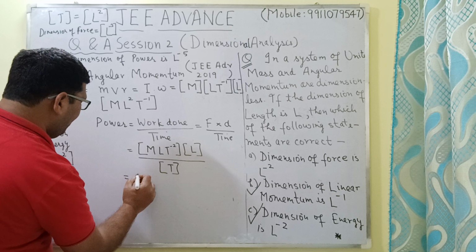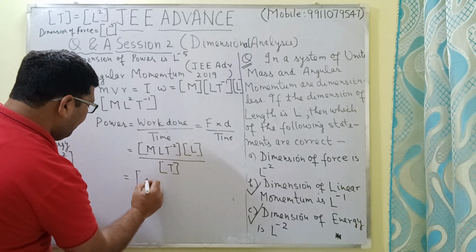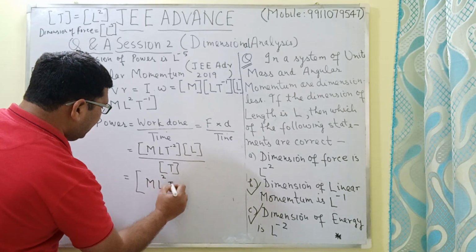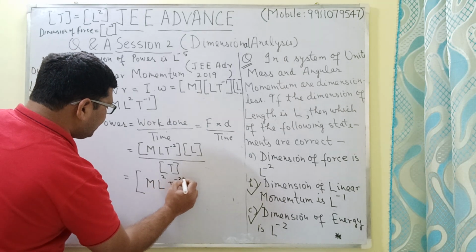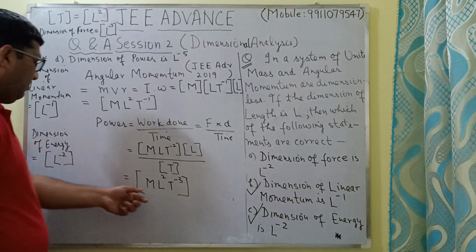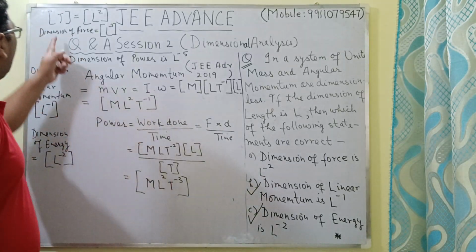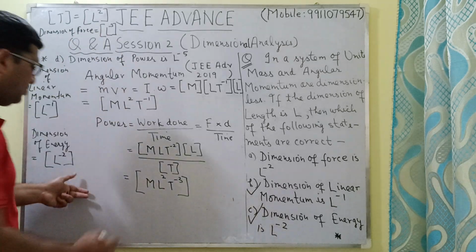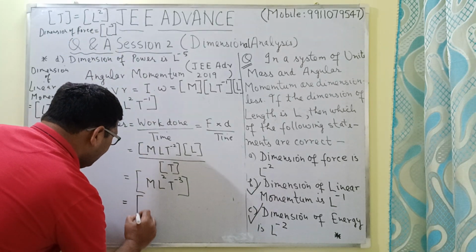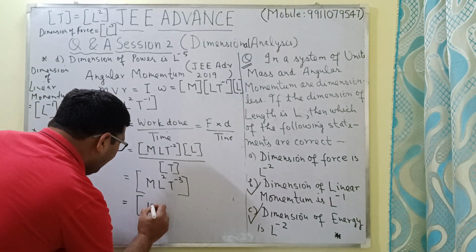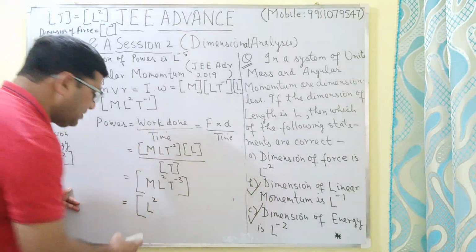So the dimension of power is equal to M L square T minus 3. Now M is dimensionless. Now here the dimension of T is equal to L square. So the dimension of power in this system of unit will be equal to L square, because M is dimensionless.